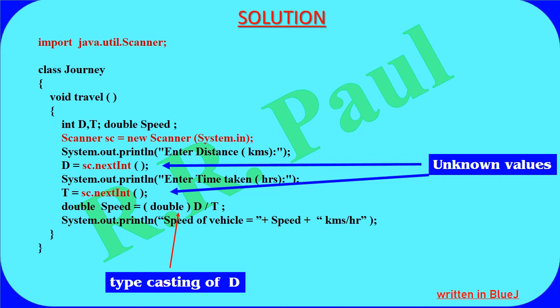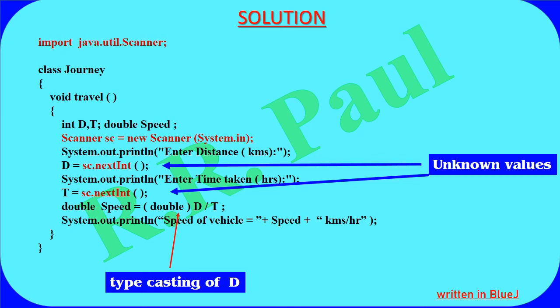So now let us input the value of d. sc.nextInt is used for that purpose, and to input the value of t, sc.nextInt is used. And we have to do the calculation for speed, so we will not input the value for speed. The calculated value will be stored in the speed variable.